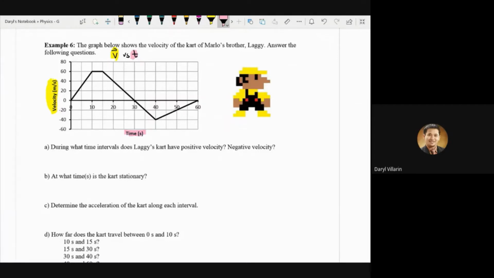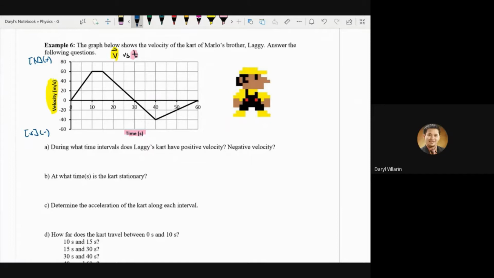So let's just try to make our, again, positive direction as north, and then anything in the opposite direction, which is south, would be assigned a negative sign.